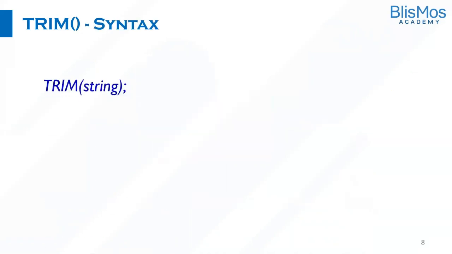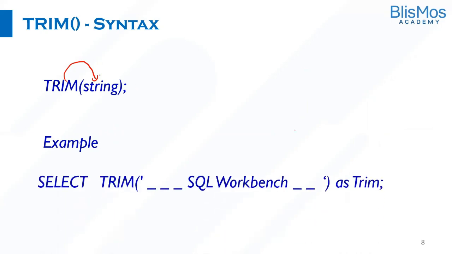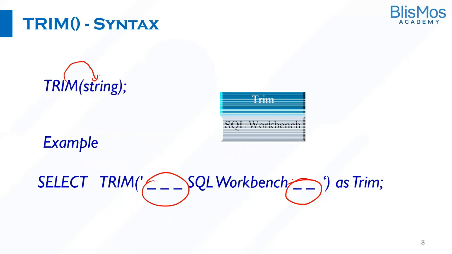What is the syntax for trim? Simple. You provide trim and the string you want to trim. Remember, trim removes the spaces on either side of a string. For example, if you say trim of 'SQL workbench' with spaces here and here, it will give SQL workbench after executing this statement.